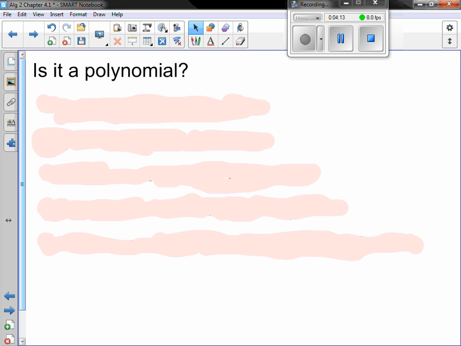Now what we're going to look at next, and again we're just getting into semantics of what it is and what it's not, is defining what a polynomial function is. We could go through all the intricacies of explaining what a polynomial function is, but instead I find it easier to define what it is not.